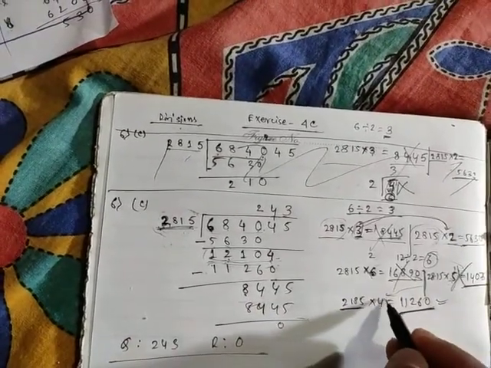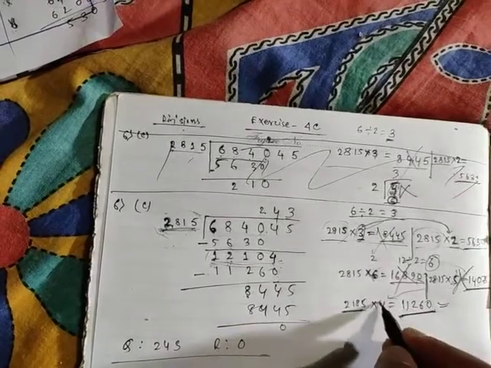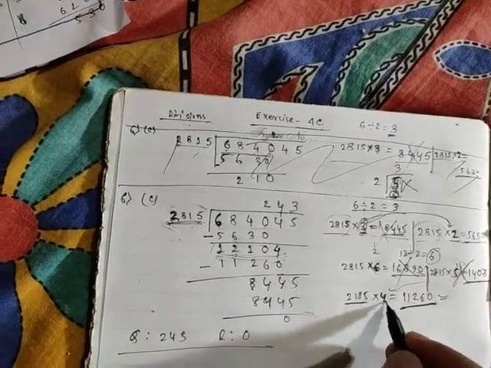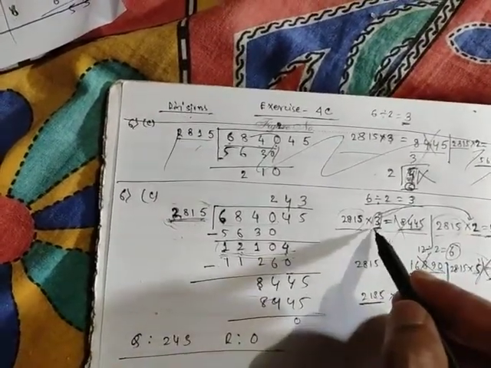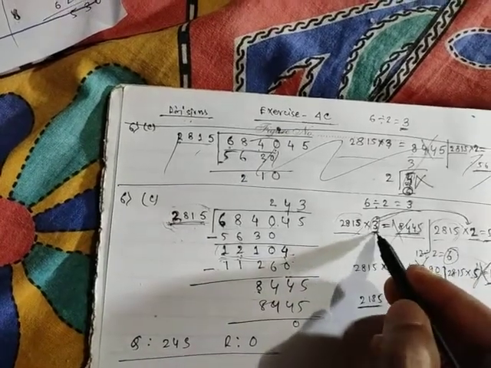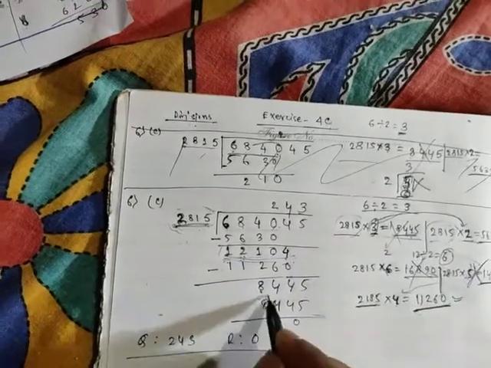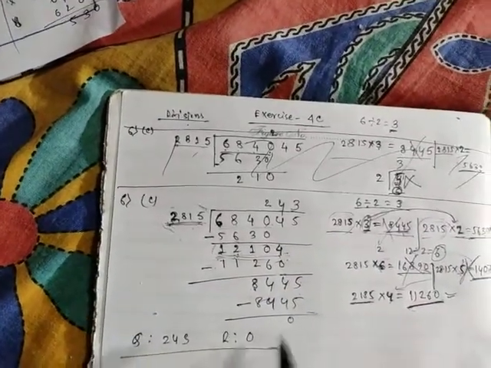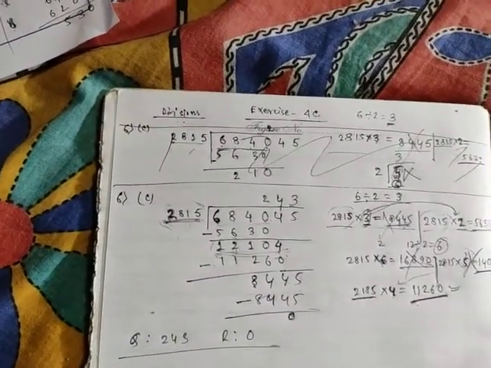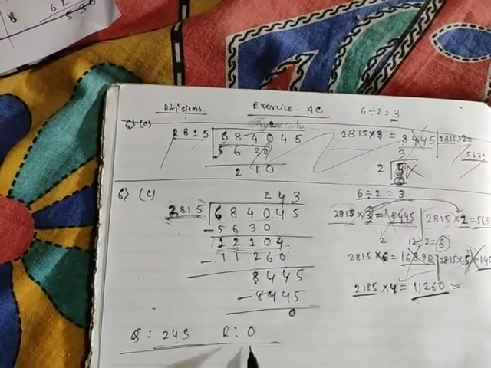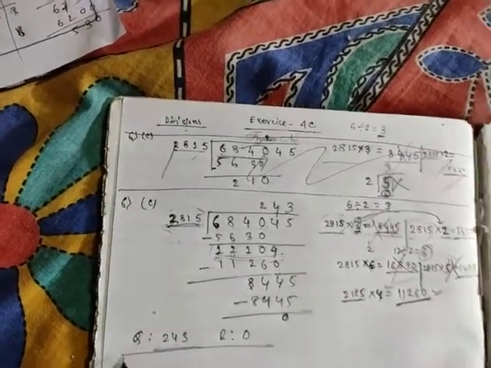So you have to multiply with the previous digit, that means 3, and I have done this multiplication before. After multiplying 3, we get 2815 into 3 is equal to 8445. Now subtraction, it will be 0. So here the quotient is 243 and the remainder is 0. So this is the answer.